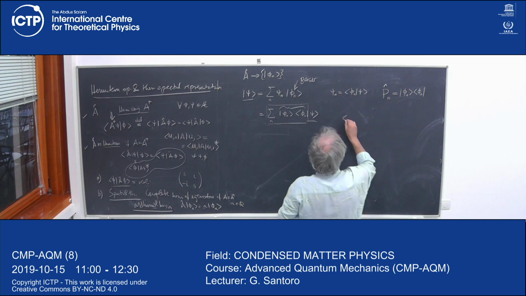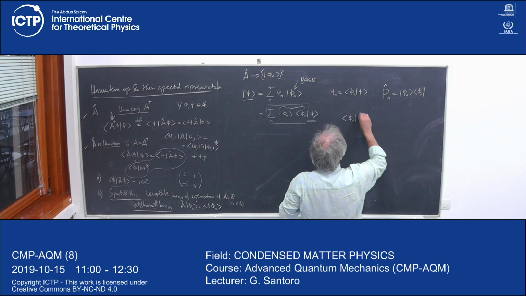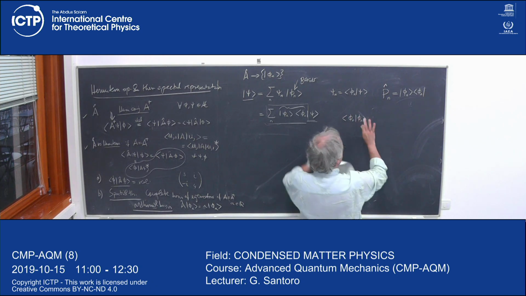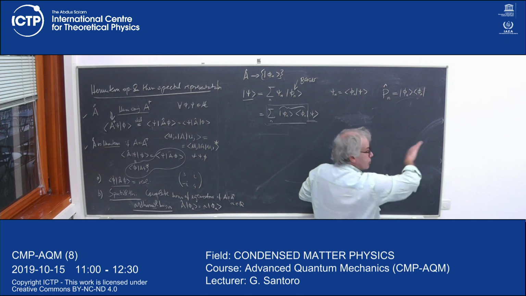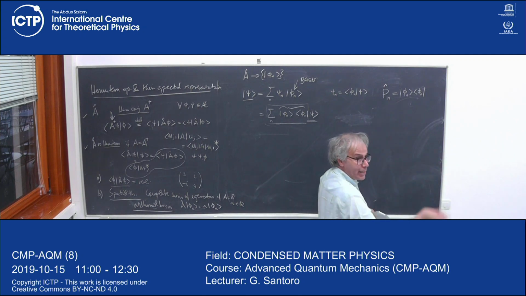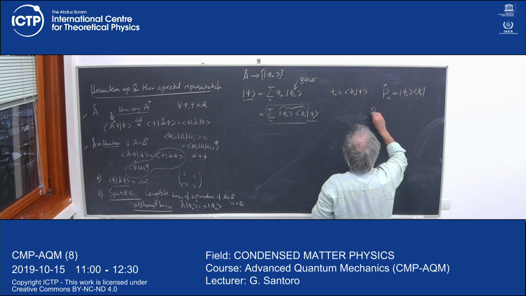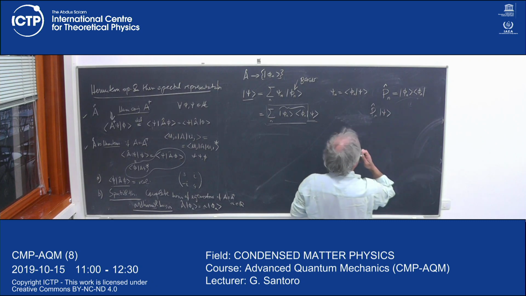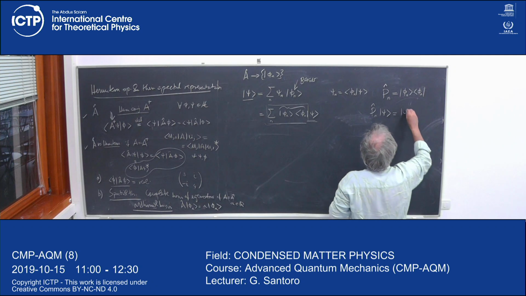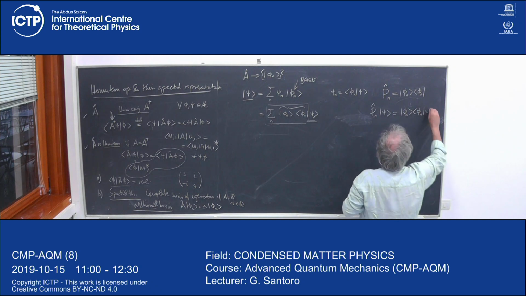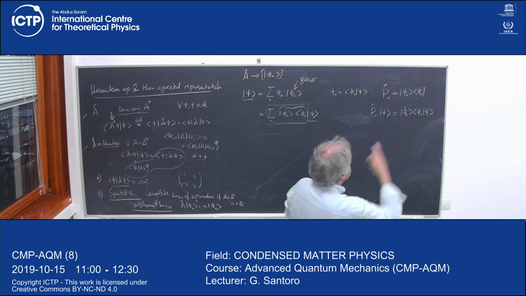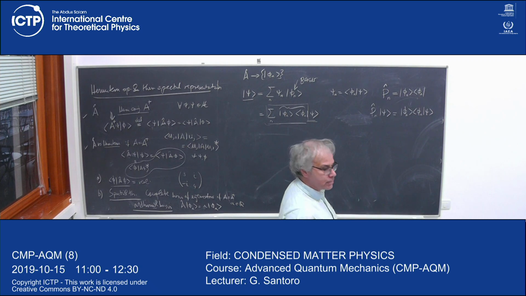Do not confuse it with this, which is a number, in fact it's 1. But if I reverse the two things, the bra is to the right and therefore waits for something. Let's see, Pn, you apply it to psi. The result is phi n, the scalar product of phi n with psi. That's exactly the action.